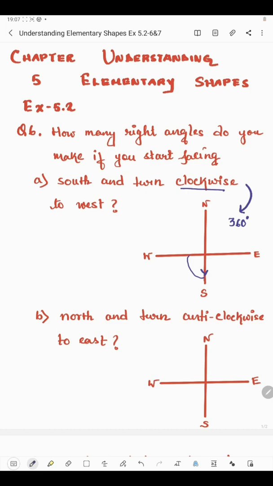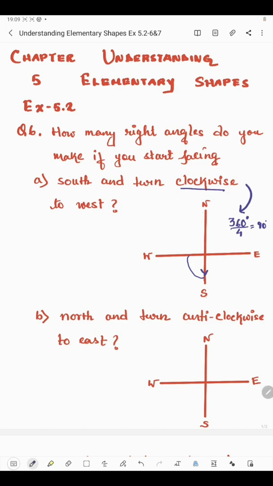Here we have 4 directions, so 360 divided by 4 is 90 degrees. It means the gap between two directions is 90 degrees. From north to east is 90 degrees, east to south is 90 degrees, south to west is 90 degrees, west to north is 90 degrees.